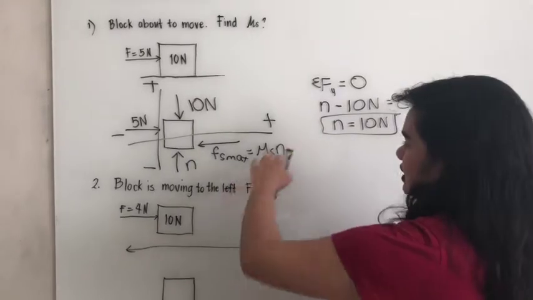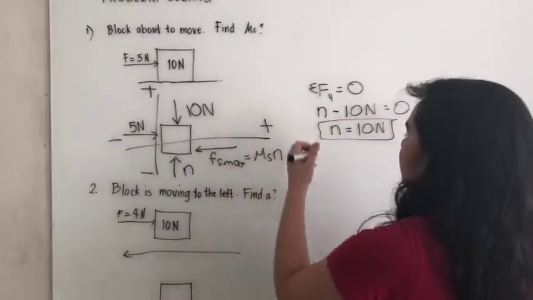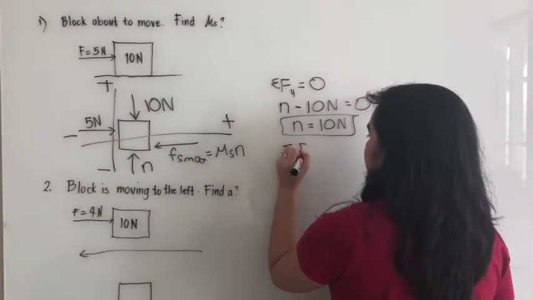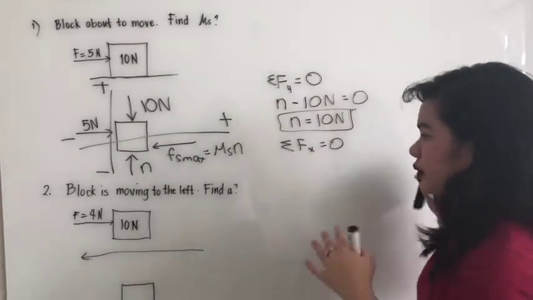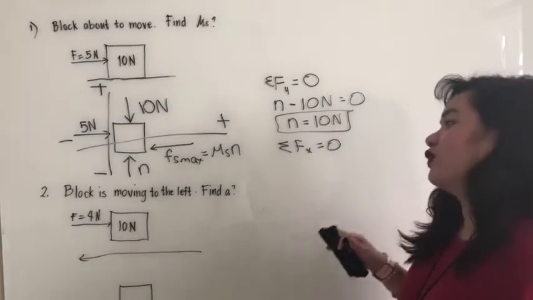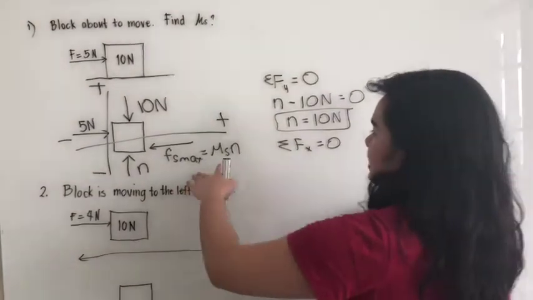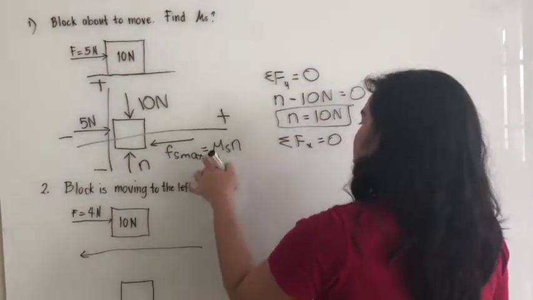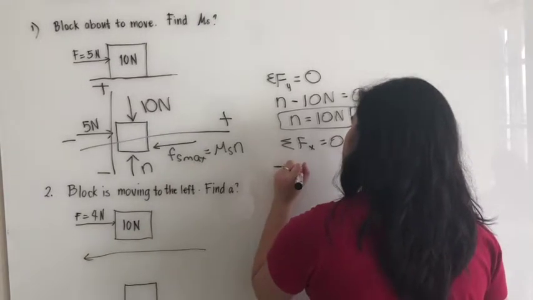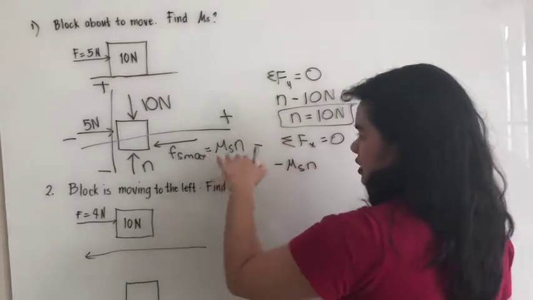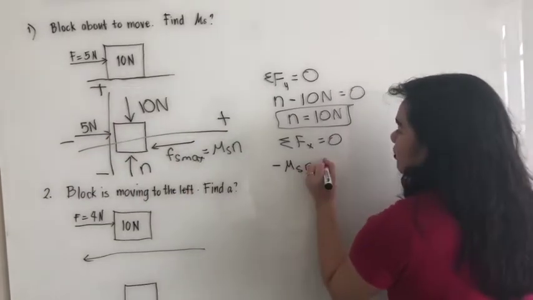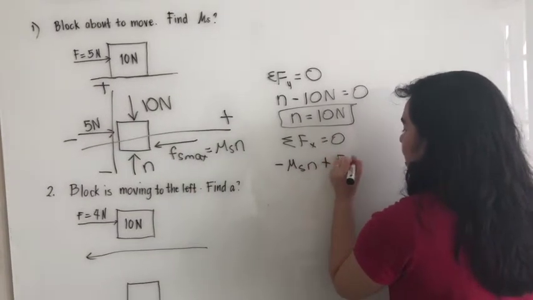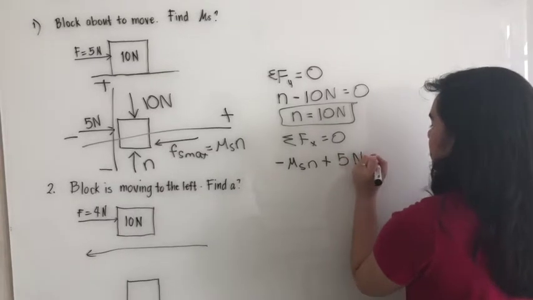Going to the next axis, we would have the summation of F of x is equal to 0, since it is still not moving, it is just about to move. We would write it as negative mu s n, since the friction is going to the negative side, plus positive 5 Newtons is equal to 0.